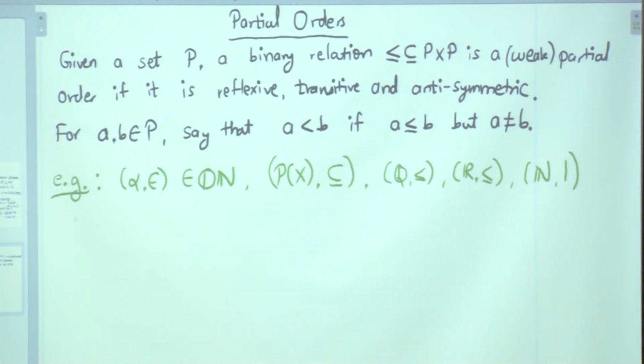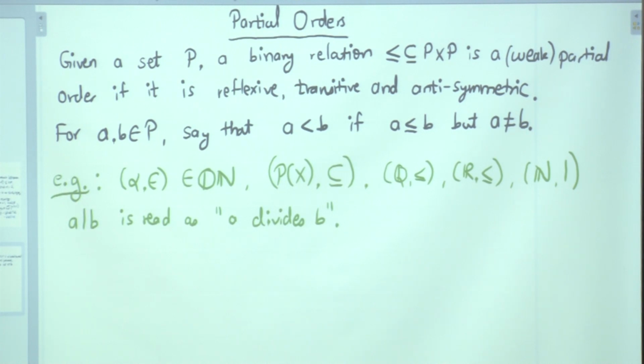Let me write that down: A divides B. If I define this, then let us verify. Does A divide A? If A divides B and B divides C, then does A divide C? Yes.